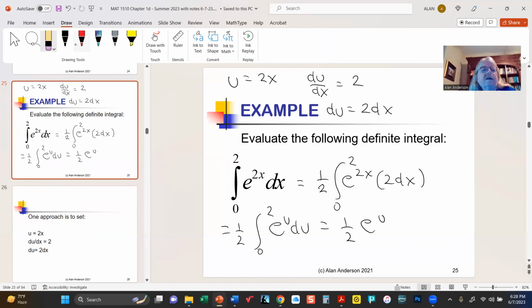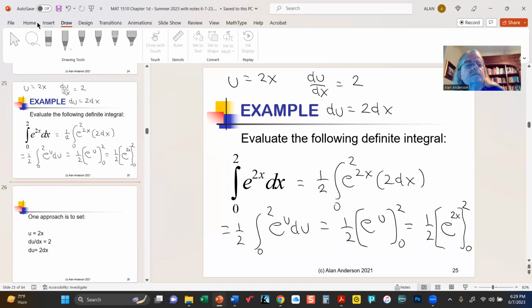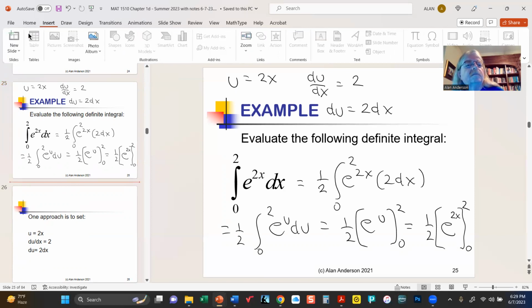Actually, there's a lot of ways we can express this. The books that I've seen usually use the square brackets to indicate that we're going to evaluate this. In this case, from 0 to 2.